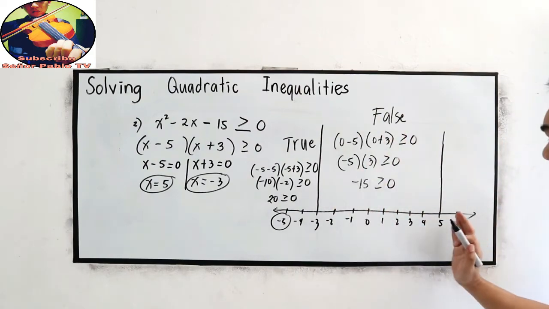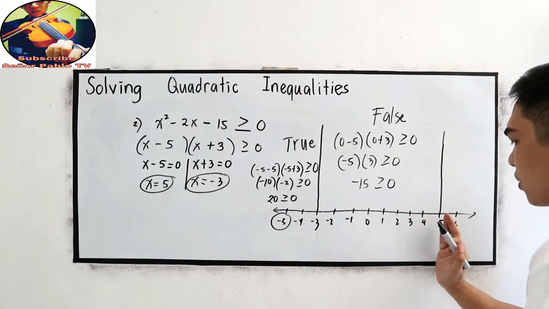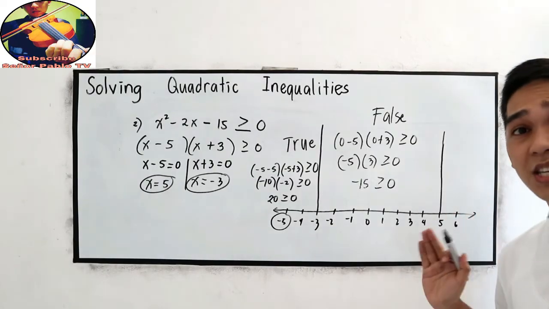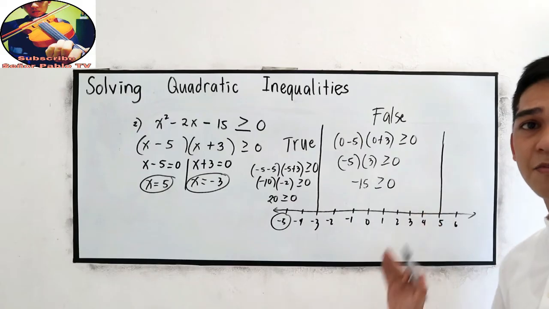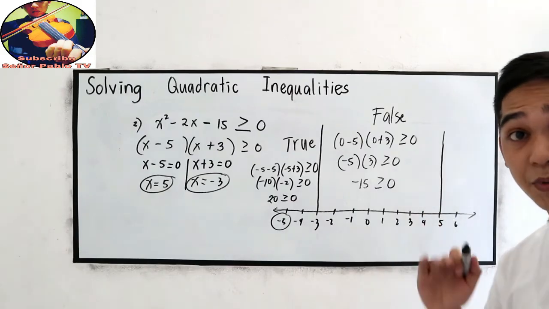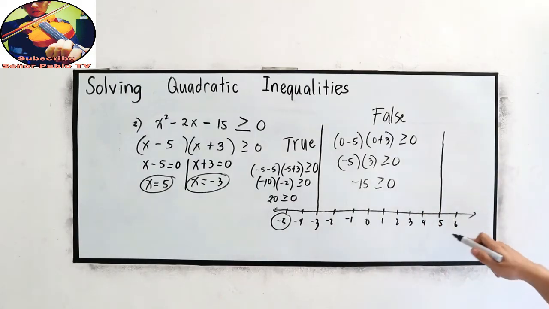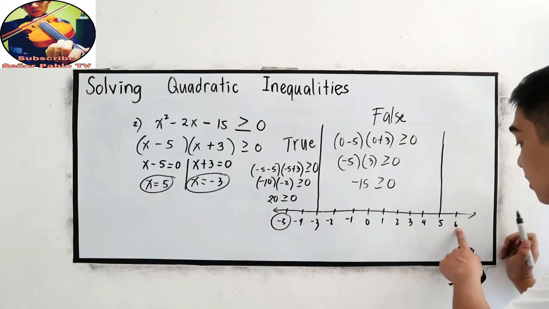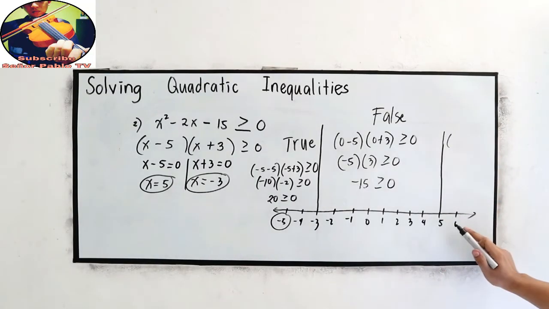Now, let us try the numbers on the right side of positive 5. Okay, choose 6, positive 6, positive 7, positive 8, positive 9, positive 10. It's up to you. But I will pick the smallest one, the 6. So x will be 6.